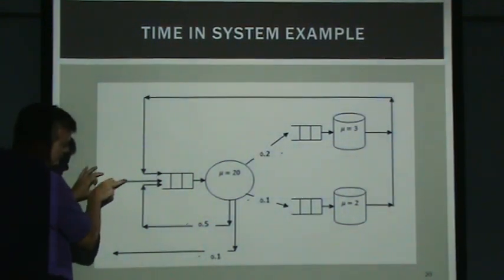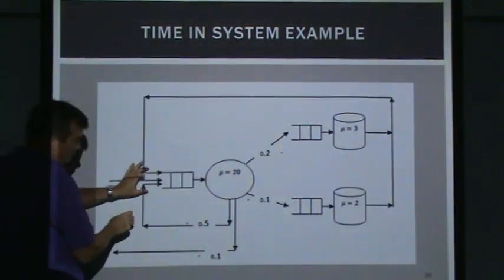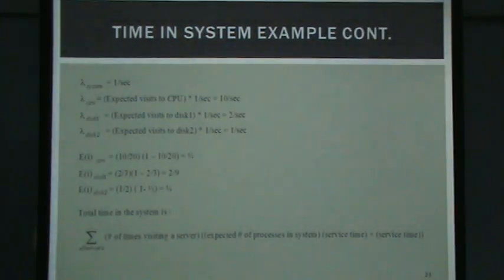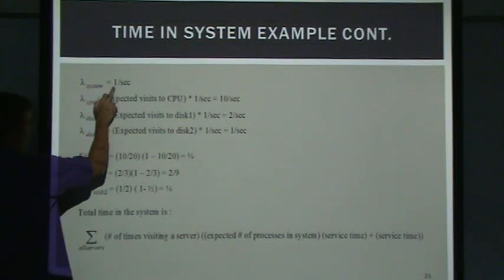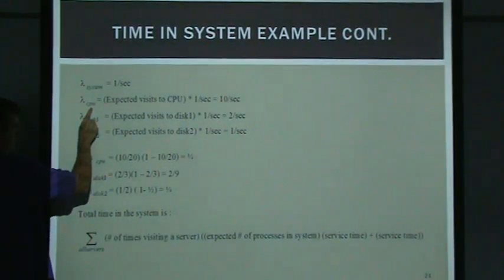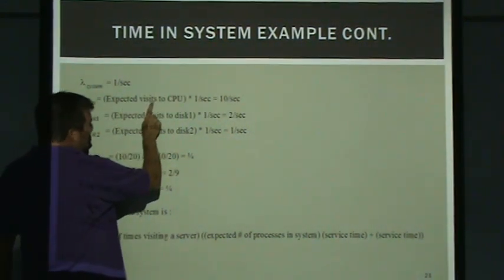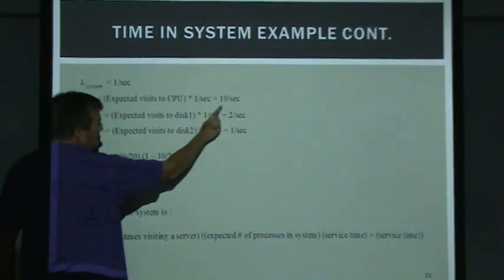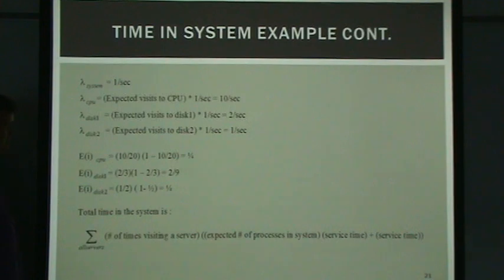The rate into this queuing system is 1 per second, but the rate into this queue is 10 per second. So the rate into our overall system is 1 per second. The rate into the CPU component is equal to the expected number of visits to the CPU times 1 per second, which ends up being 10 per second.